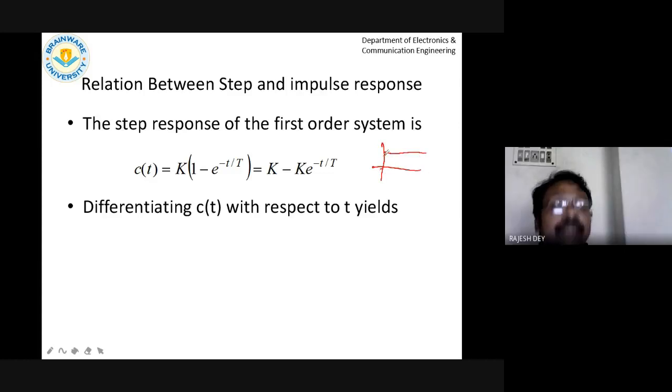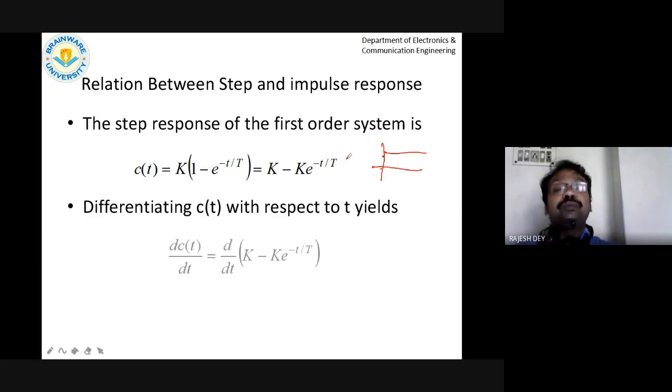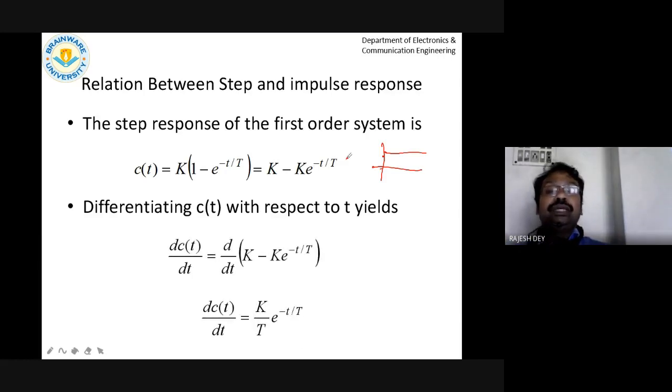If you differentiate the step signal, we get the impulse response, or if we integrate the impulse, we get the step signal. Similarly, without doing the impulse response separately, we can easily find the impulse response from the step response.